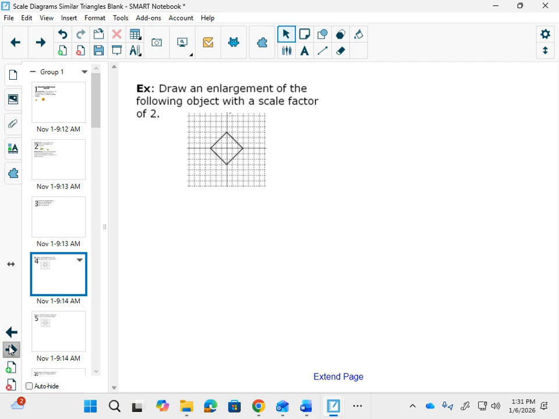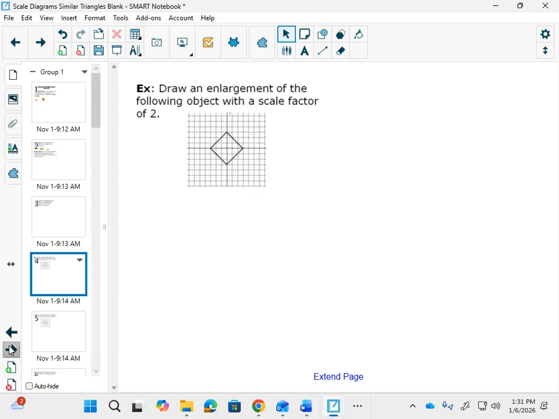Let me see, how'd you do? Oh, close, but not quite. That's not double. No, it's close. But if I measured this side, when I measure, it needs to be double that. Oh, very close, that's not double.